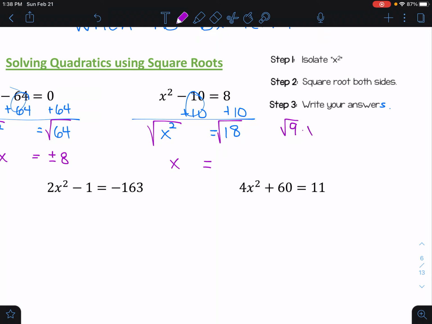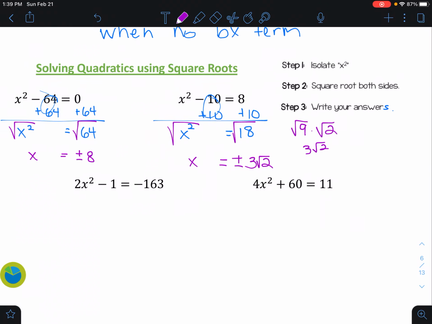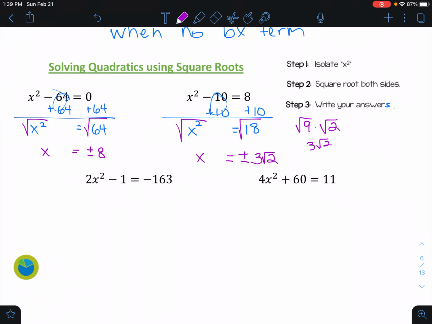You want to break that apart because that's not a nice number. So I'm going to break it apart in simplest radical form. That would give me 3 root 2. So my answer would be plus or minus 3 root 2. Make sure your answer is always in simplest radical form if it's not a perfect nice number, right?